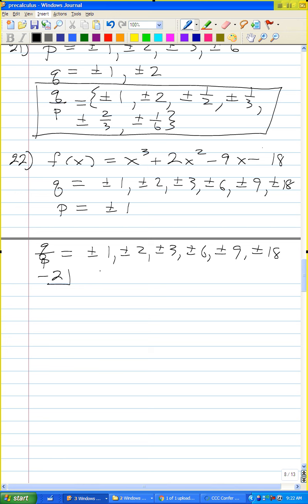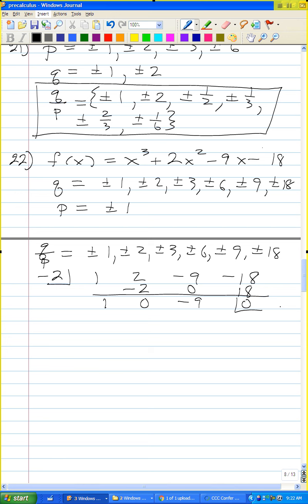Let's check if our guess is correct. That's 1, 2, -9, -18. Bring down the 1, times -2 is -2, so you get 0. Times -2 is 0. Minus 9 times -2 is 18. Minus 18 is 0.